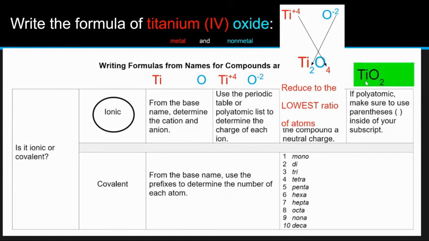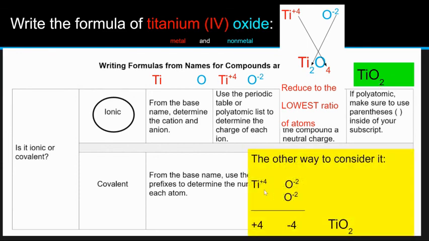For every 1 titanium atom, we need 2 oxygen atoms. Again, another way to look at this is if titanium has a +4 charge, I'm going to need 2 oxygens, each with a -2 charge. Those will balance out to create our neutral formula of 1 titanium for every 2 oxygen atoms.